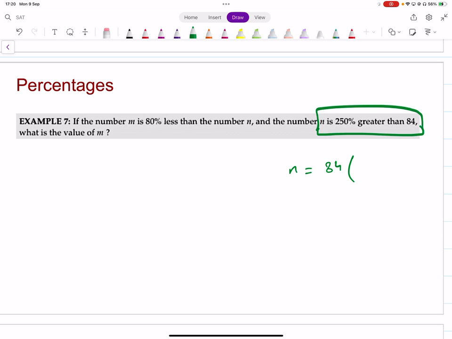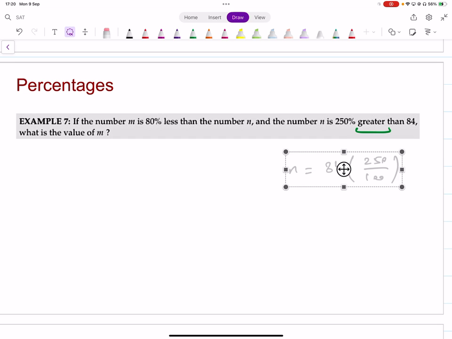If it says N is 250% of 84, what would you do there? 84 into 250 over 100, right? If it was 250% of 84, but that's not what they're saying. They're saying N is 250% greater than 84.